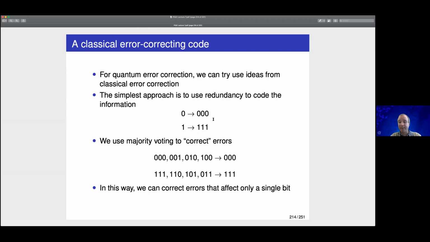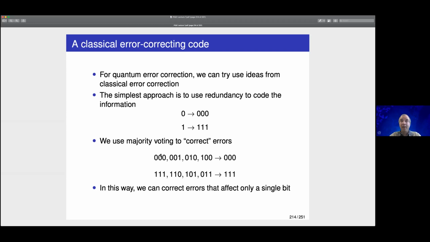Because if I send the bit 3 times and only 1 of the bits changes, I can use the majority vote in order to correct the error that has occurred. So provided that only one error occurs at most, I am able to restore the correct information by using the majority of the results.